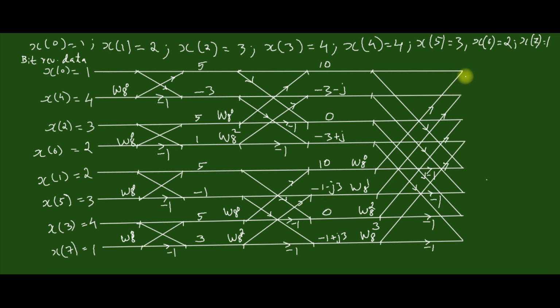Now the last stage of the computation. Here the value is 10 plus 10, so it will be 20. Now coming to this point, the input here is minus 3 minus j, and here it is minus 1 minus j3 into w8 raised to 1. W8 raised to 1, we know that it is 0.707 minus j 0.707.